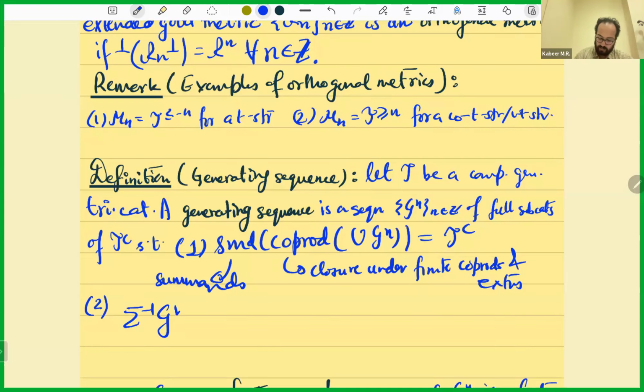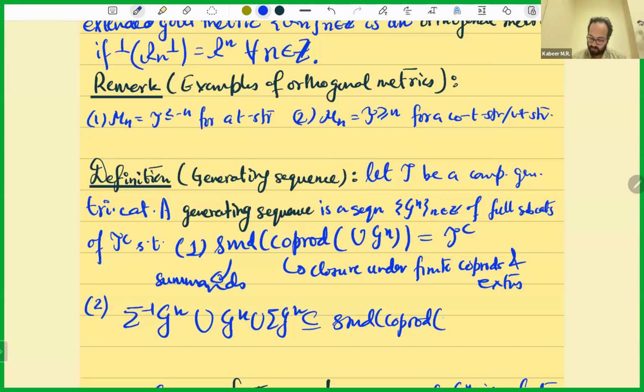It says that Gn and its suspension and desuspension are contained in the subcategory generated under the same operations by Gn and its successor and predecessor, Gn plus 1, and Gn minus 1.